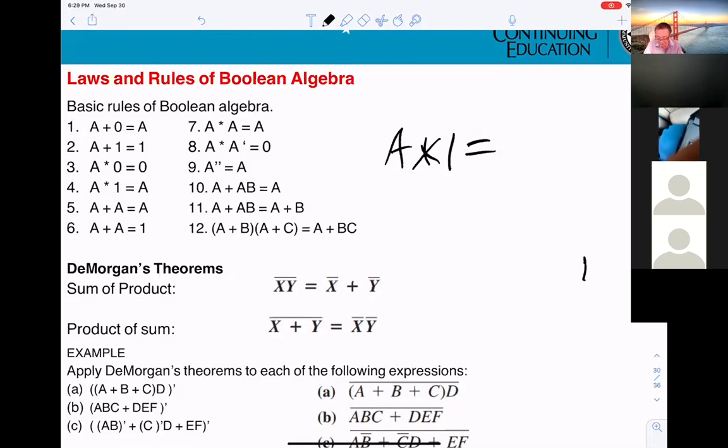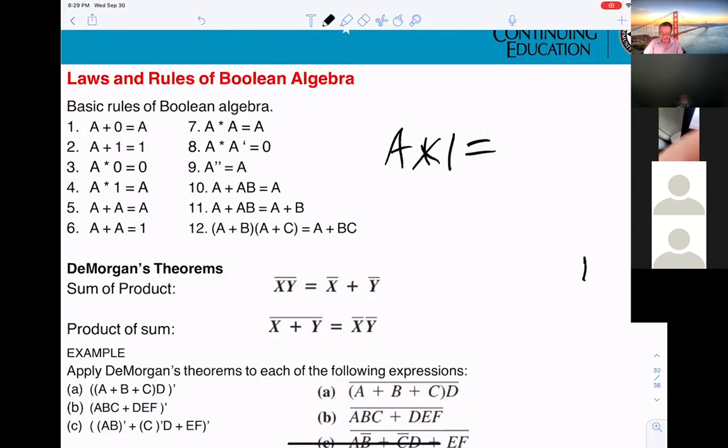A equals 1, you get a 1. Number 5, A adding A. That answer will be A, not 2A. A or A gives A.